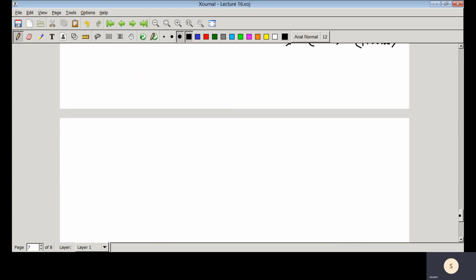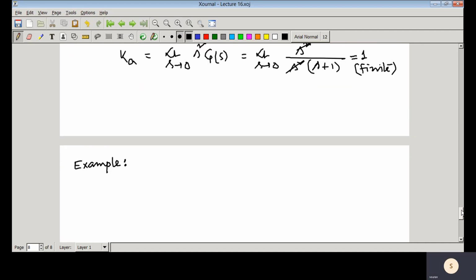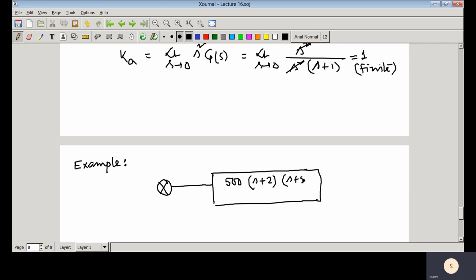So let us see one example. Suppose you have a closed loop system that is 500 over (s plus 2)(s plus 5)(s plus 8)(s plus 10)(s plus 12).